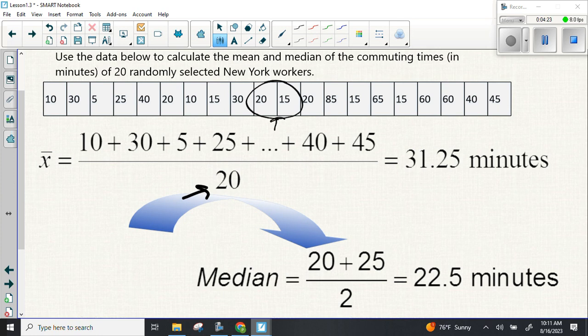Oh, shoot, these are not ordered in sequence, so no. Before we can calculate a median, we have to put these into sequence from least to greatest, and then we count in to find the median. I'm going to do that here in a little bit with a better data set.